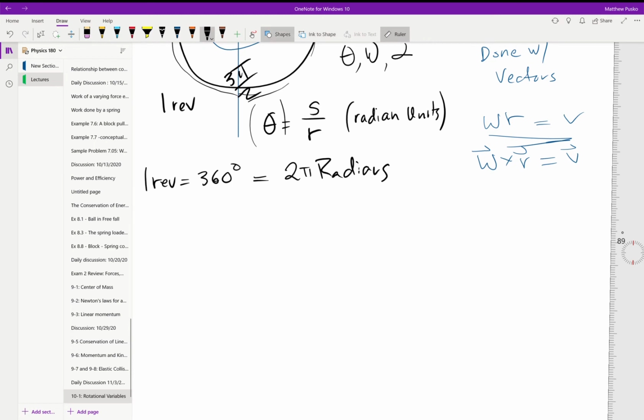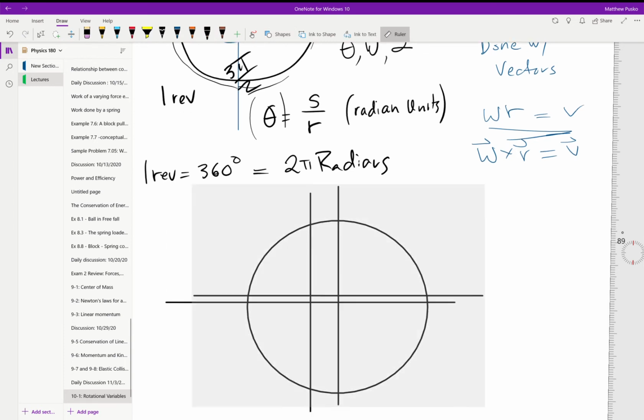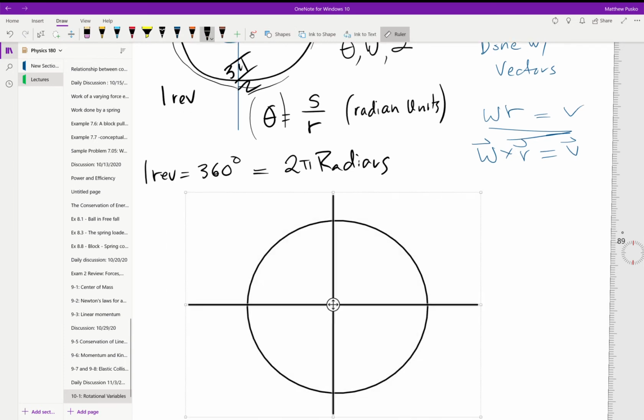So we can use this to calculate from one to another, where if you don't remember, if we take a unit circle, and this would be our radius right here.